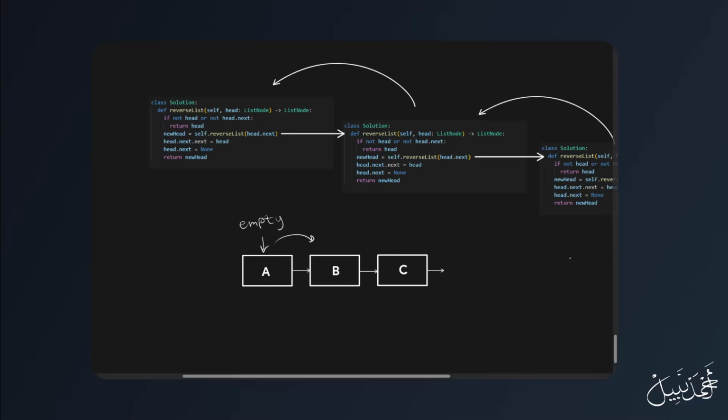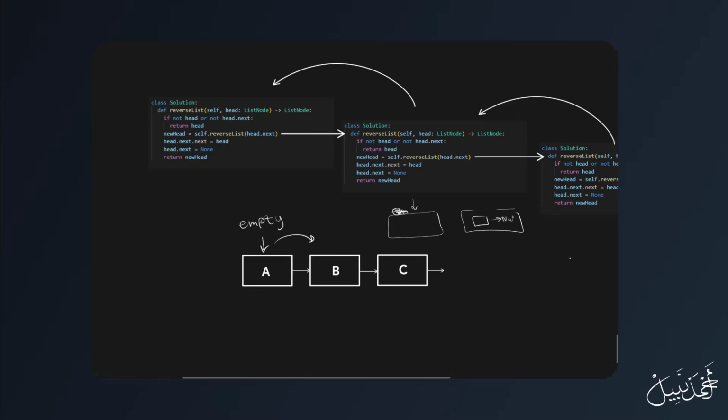So this refers to an empty linked list like this, which doesn't have any nodes, and this is a linked list that consists of one node, and its next pointer is set to null. If this is the situation, we will return the head itself as a reversed linked list.